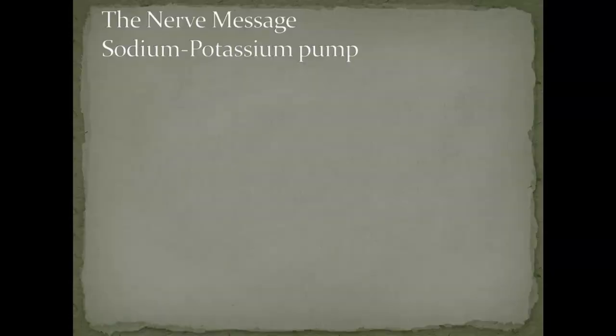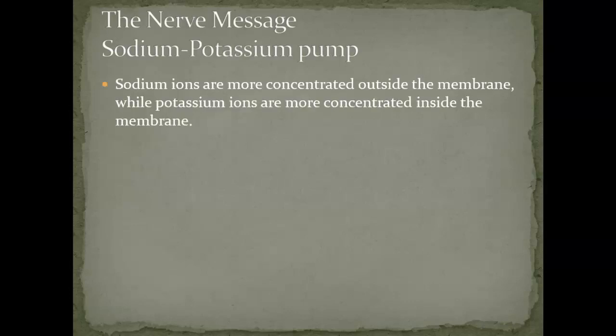So how are these ions kept on opposite sides? By a special protein called the sodium potassium pump. This pump runs using ATP continuously, and it moves them in a special ratio. It will pump 3 sodiums out at the same time it'll pump 2 potassiums in. So we say that it's a 3-to-2 ratio.